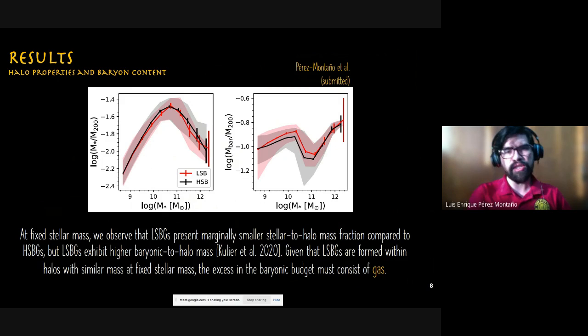So we observe also that LSBGs are formed within halos of very similar dark matter mass, but when we look to the baryonic content, we see that LSBGs have higher baryonic fractions than HSBGs. So given that LSBGs are formed within halos with similar mass, the excess in baryonic budget must consist of gas.